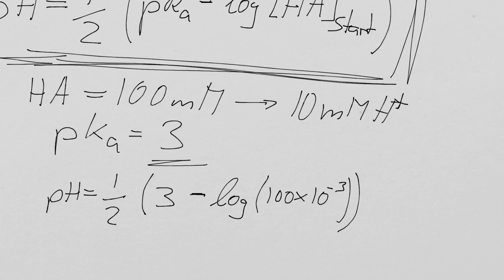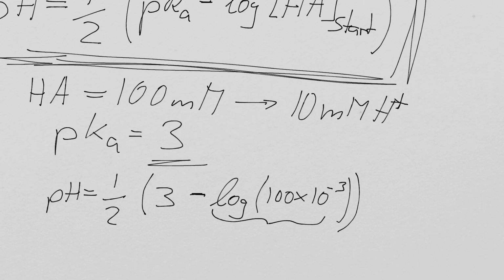Okay, can we calculate that? What is log of 100 times 10 to the minus 3? Negative 1.